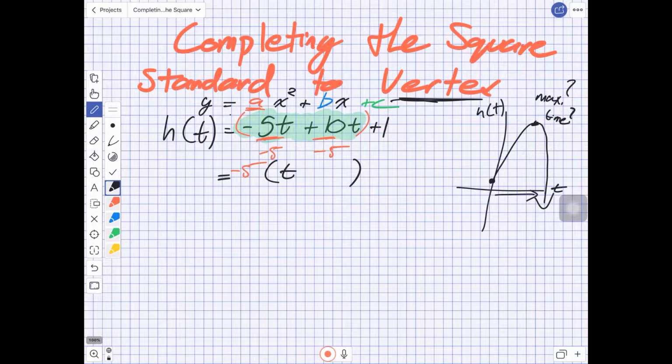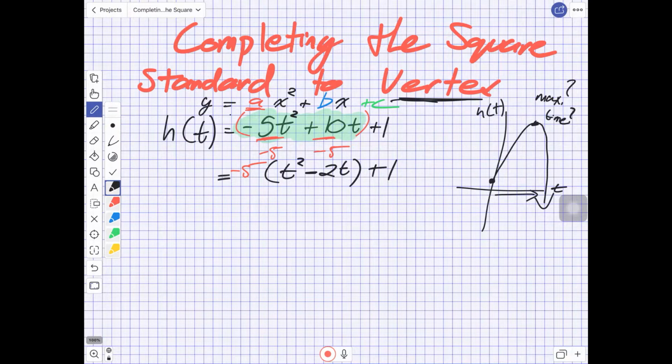That's the goal: we want to get the first variable completely by itself. Sorry, I didn't write the square in. And finally, 10t divided by -5 is going to be -2t. The c value still stays the same over there.